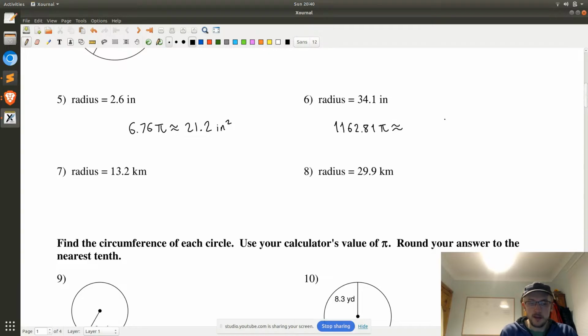And we obtain 3,653.1 square inches. 13.2 squared. 13 squared is 169. 13.2 squared is 174.24.